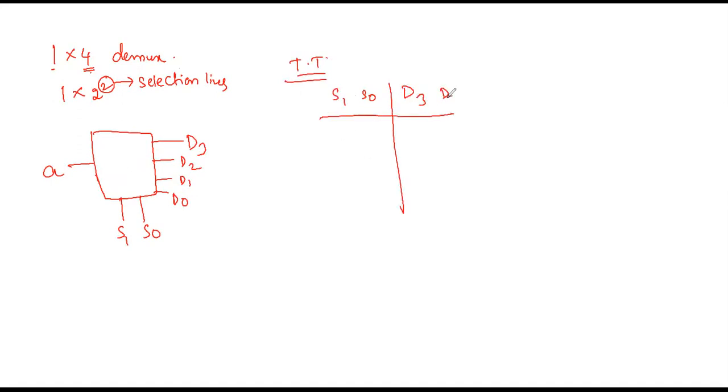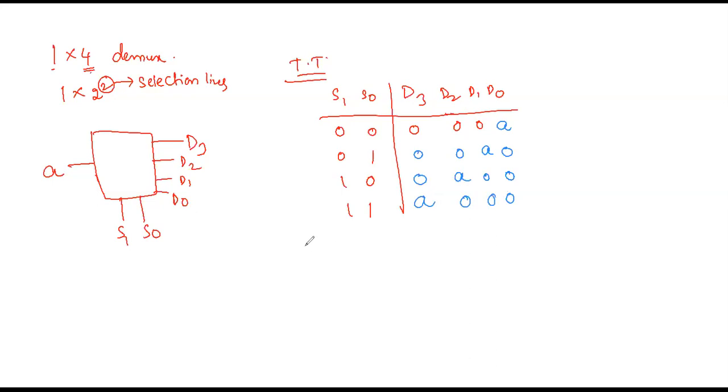Outputs are 4. With 2 selection lines, we will get 4 combinations. For 0, 0, A is connected to D0, so the remaining are all 0. Only D0 is equal to A. For 0, 1, the remaining are all 0 except D1, D1 is A. For 1, 1, D3 is A, remaining D2.